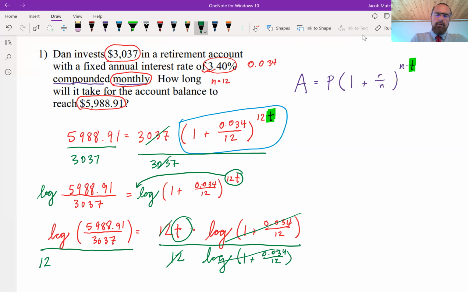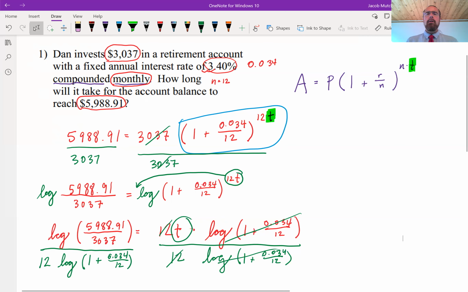So it's going to be divided by the same 12 log base 10 of 1 plus interest rate 0.034 over 12. And that's ready for me to input into the calculator. So I'm just going to record it. And as you can see, again, we did not do any intermediate calculations. We wait till the very end to calculate the entire expression. And that way we don't have any error due to rounding.